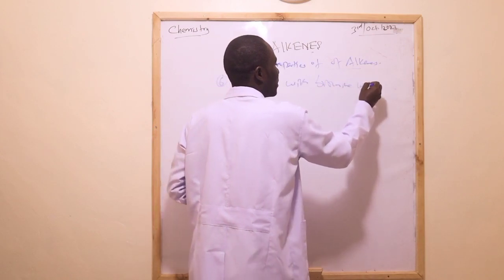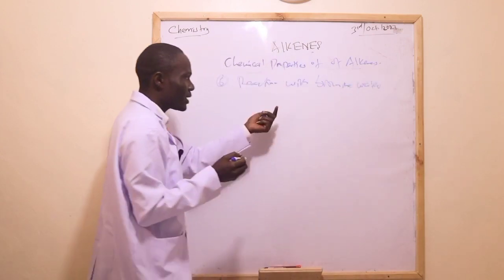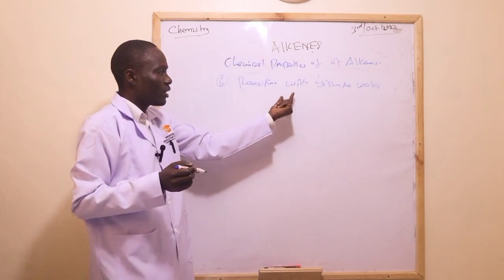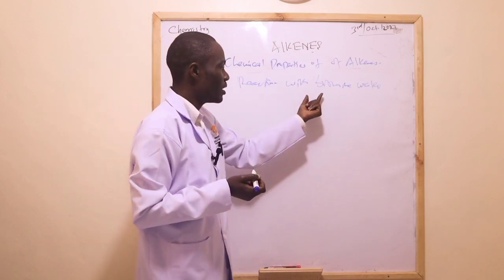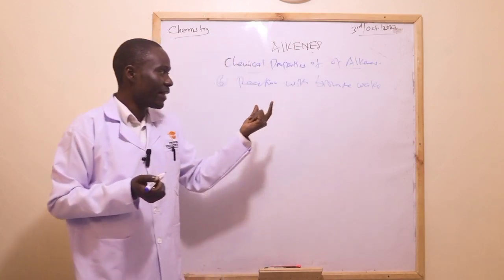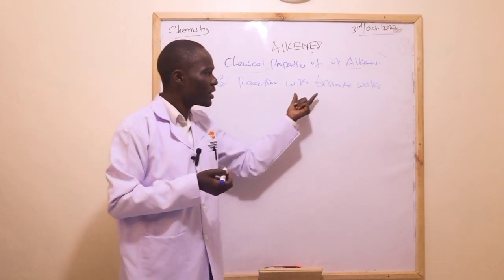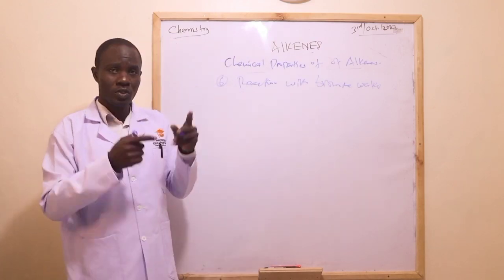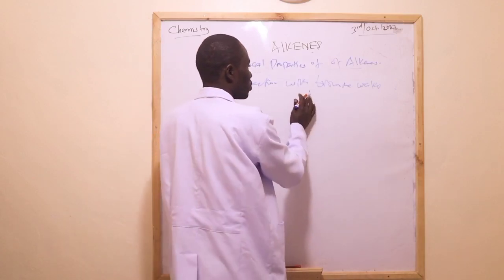Now, bromine is just a halogen molecule, halogens are in group 7, whose molecules, when bubbled through water, form a solution called bromine water.